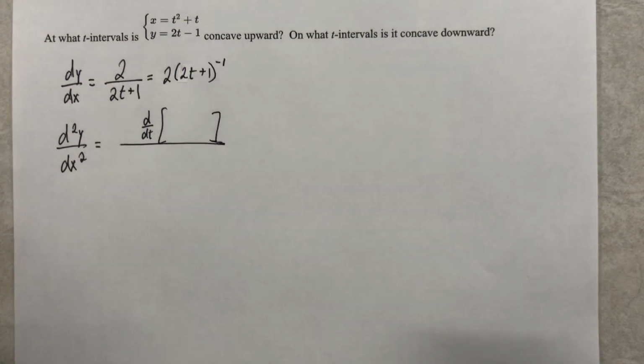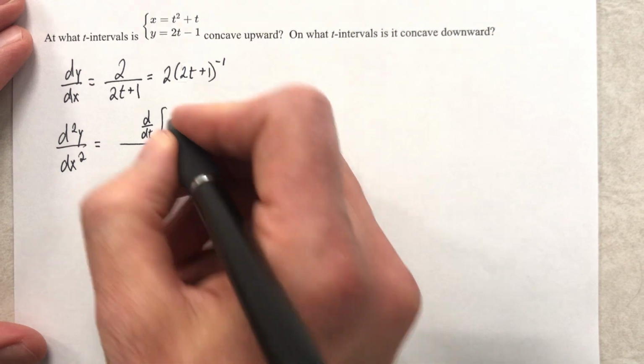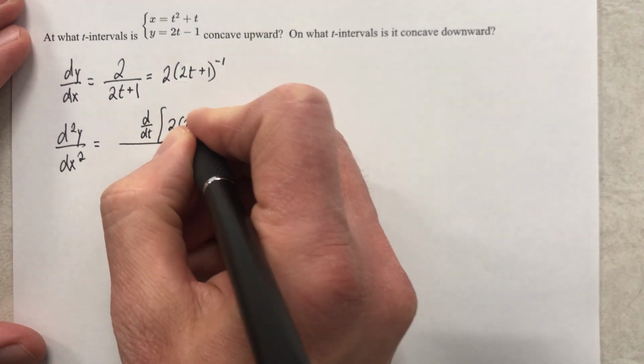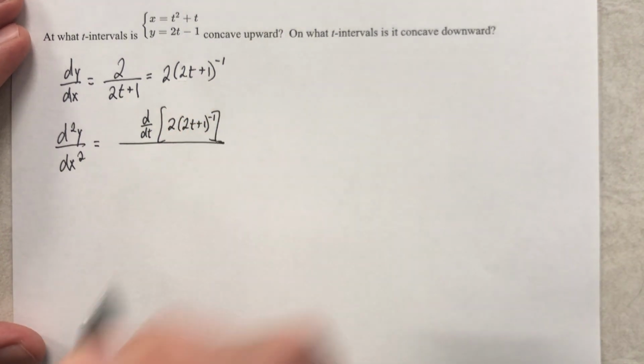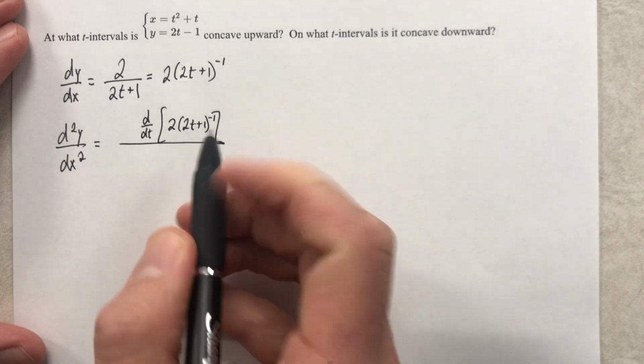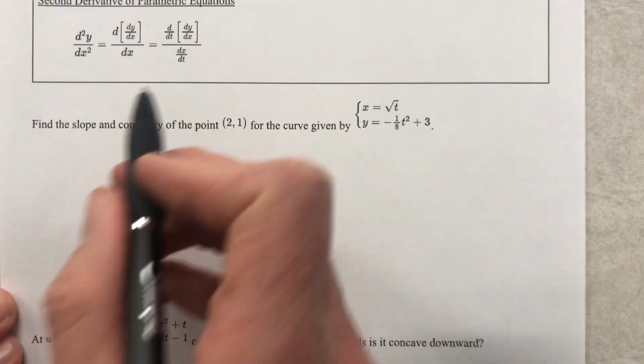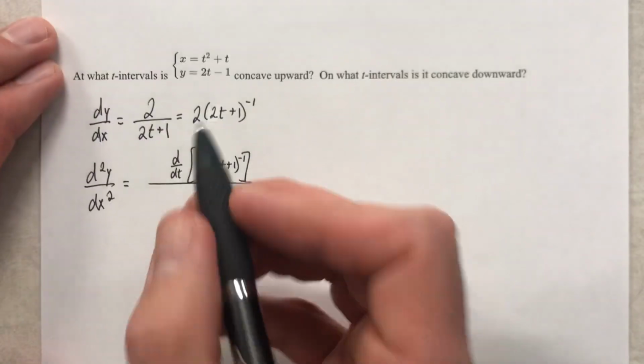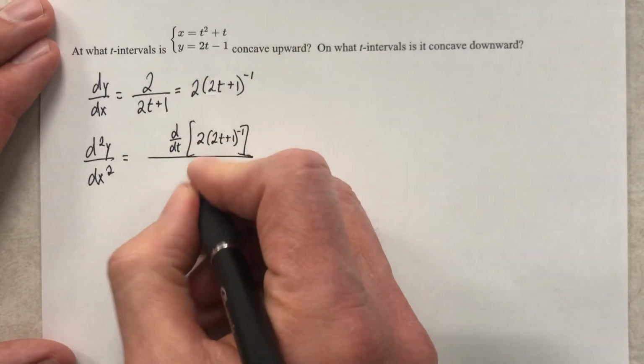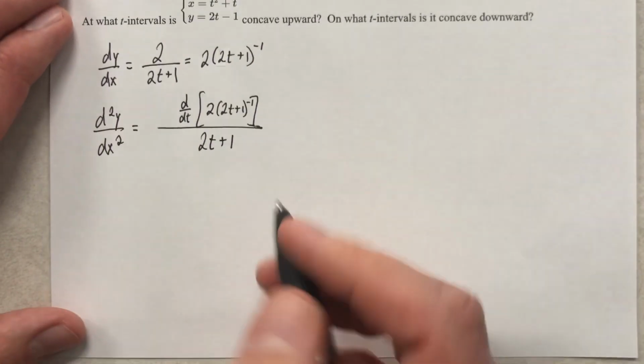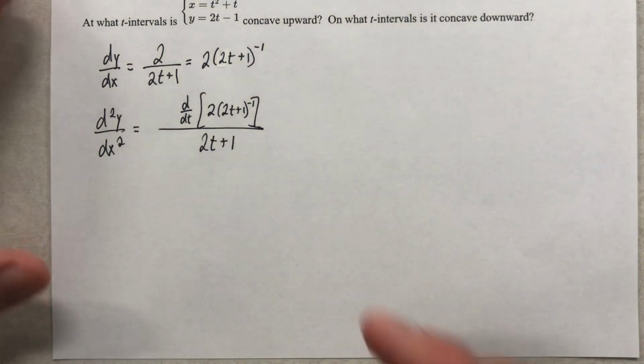I'm going to turn it into a chain, it'll be easier if we do, trust me. So we're going to take the derivative of that and then divide it by the derivative of x with respect to time, which we already found to be 2t plus 1. Now if you're thinking I could cancel, don't play that game yet.